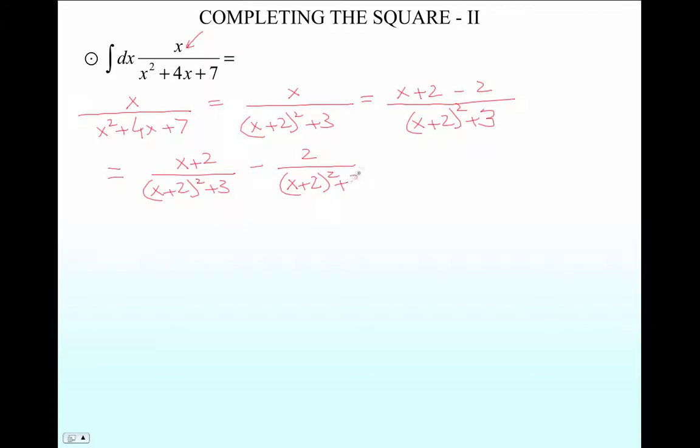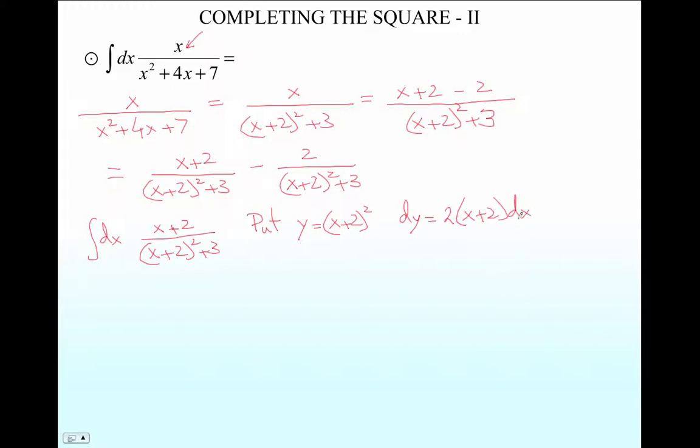And of course, our hope is that we can do this now easily. So let's look at the integral of the first part. That's x plus 2 over x plus 2 squared plus 3. And now let's make a change of variables. Put y equal to x plus 2 squared, because if we do that, then dy becomes 2 into x plus 2 dx.